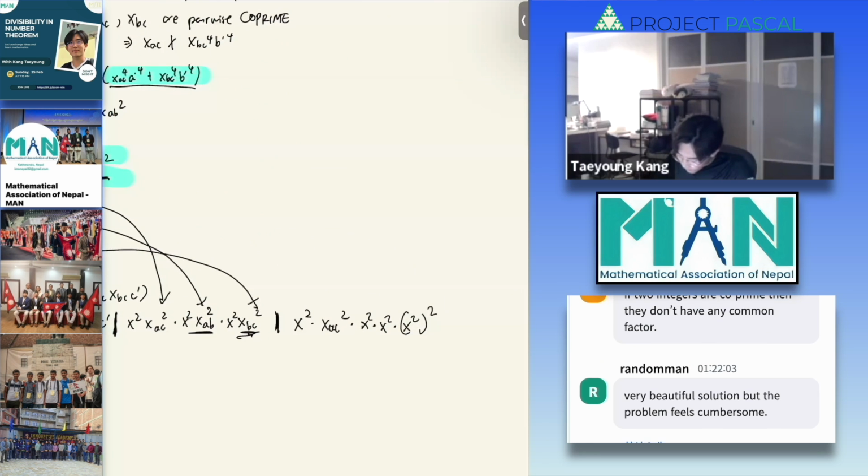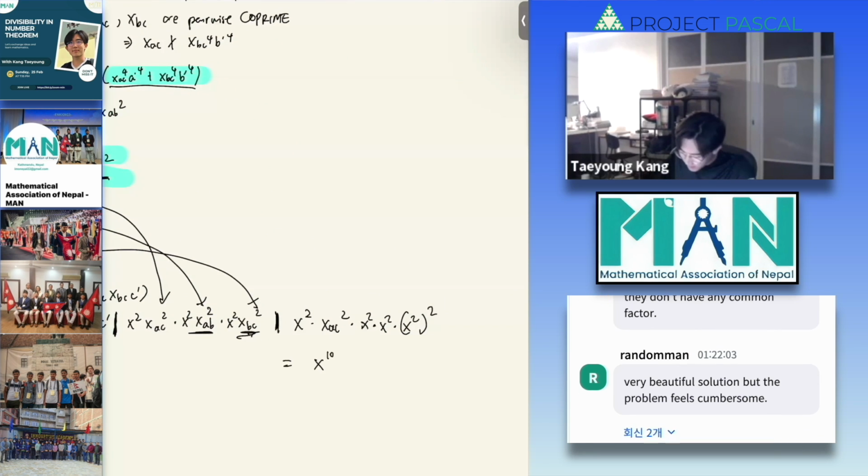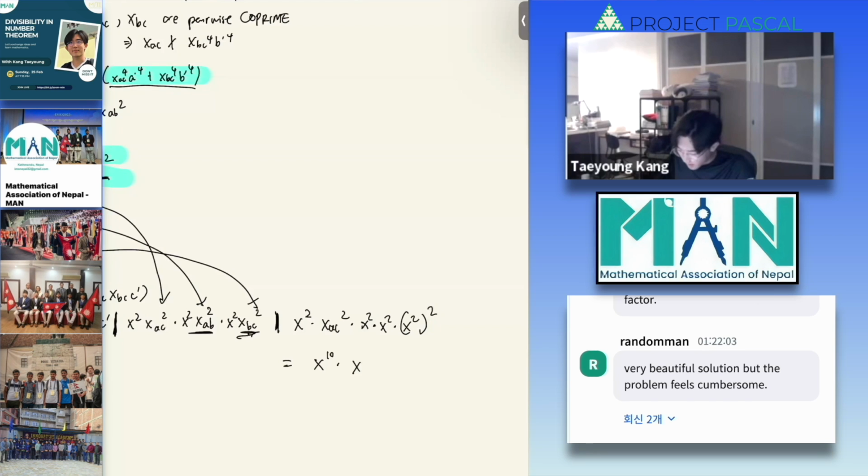And what's this? It's x to the power of 10 times x_AC squared, right? Which divides GCD of AC to the power of 10.